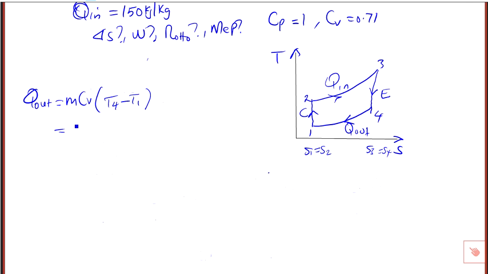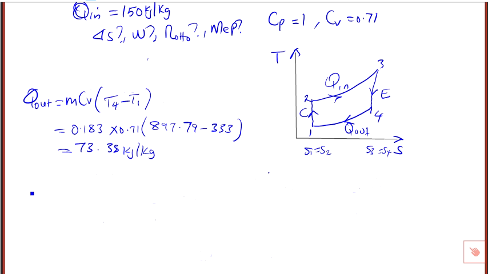We slot in your values: 0.71 into 897.79 minus 333 Kelvin, and this will give you 73.38 kilojoules per kilogram.